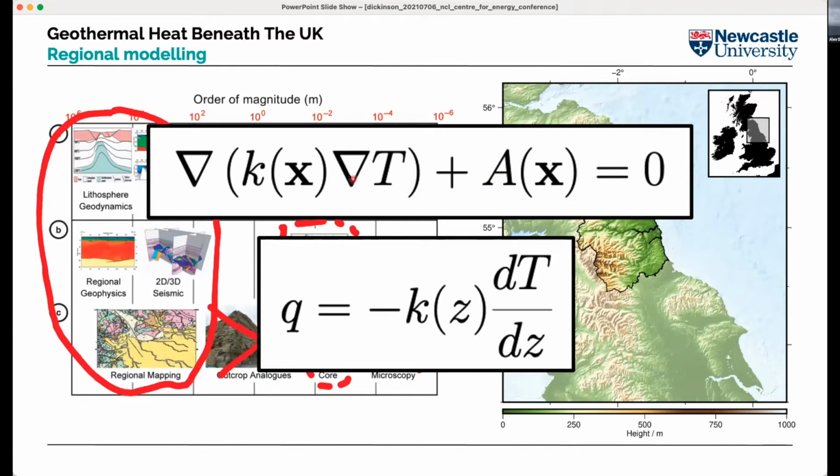And this is the only bit of maths I'm going to show in the talk. It's just for a bit of background. And this top equation is often expressed in terms purely of vertical components of transport of heat to the surface, in which this Q here is the heat flow. So this is a simplification of the first equation.